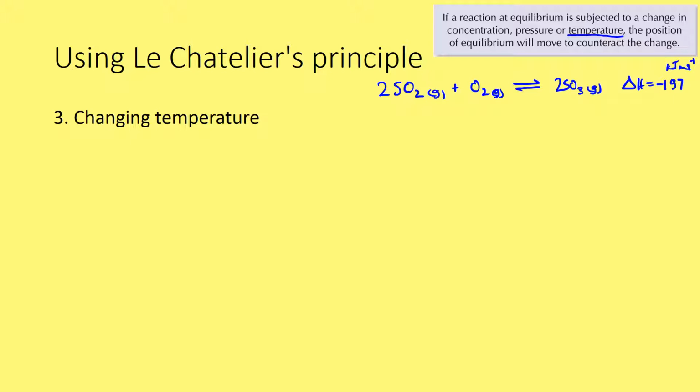Just to clarify, reactions are always written so that the enthalpy change of minus 197 is given for the forward reaction. So in this case the forward reaction is exothermic.